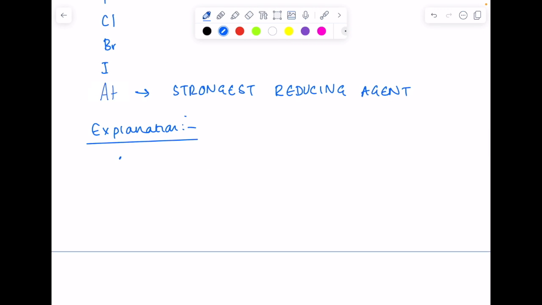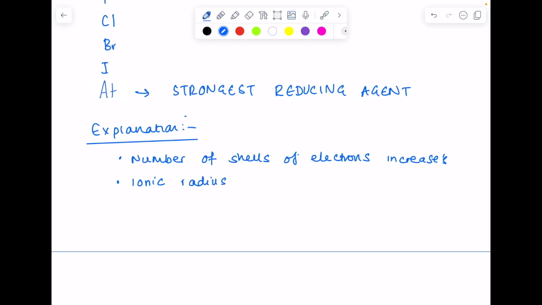Well, as you descend the group, remember the atoms get bigger, so the number of shells of electrons increases. This means that the ionic radius increases.